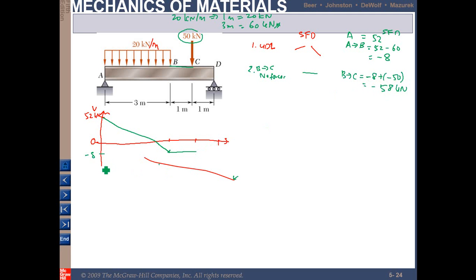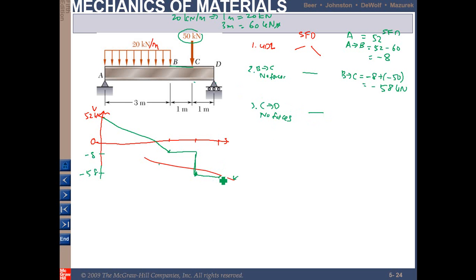So that's why this is minus 58, so it goes down here. But from C to D, again you have no forces acting from C to D, so the SFD becomes a straight line like this.